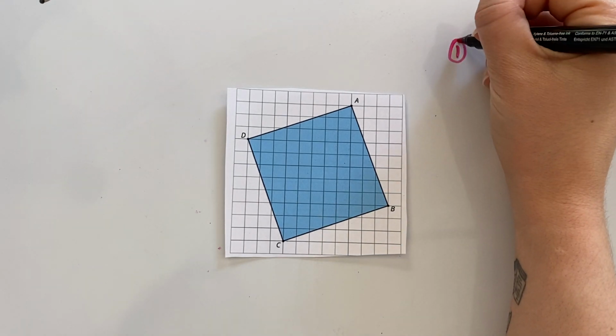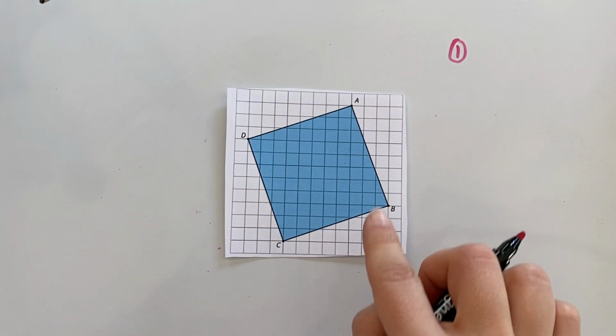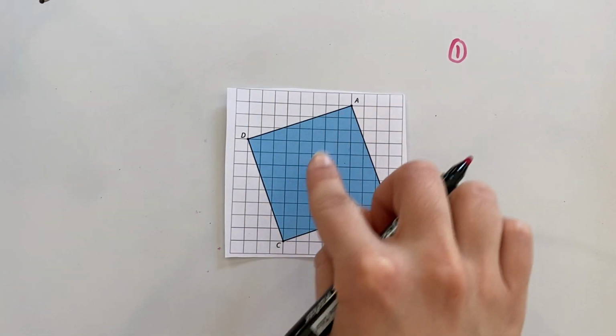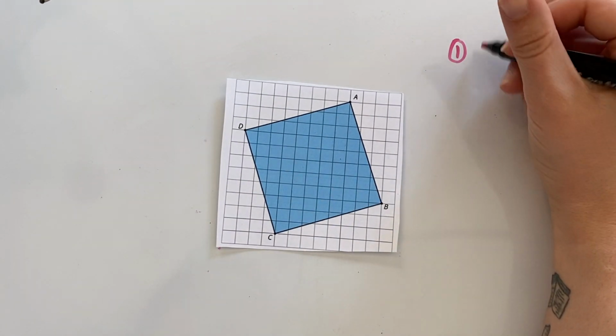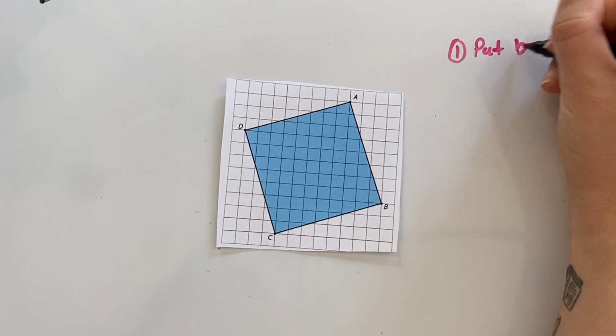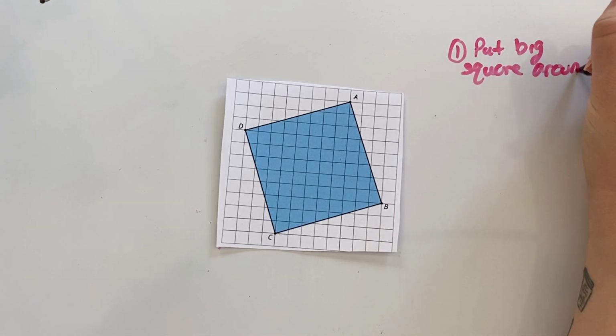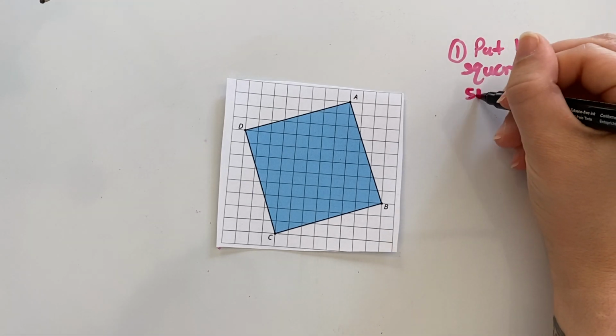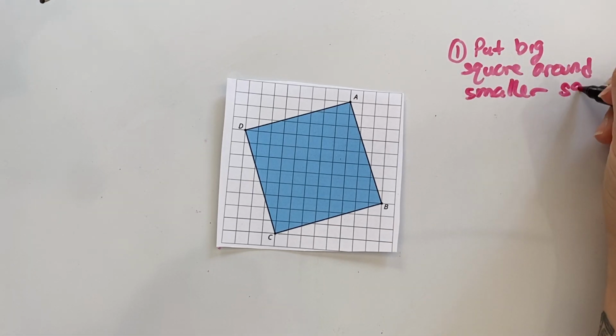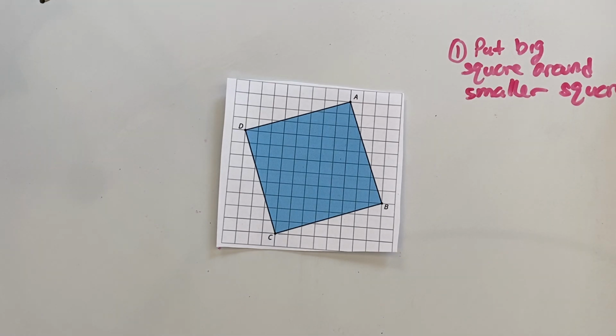The first thing you're going to do is put a bigger square around my smaller square. So you're going to put a big square around the smaller square. And let me show you how you do that.